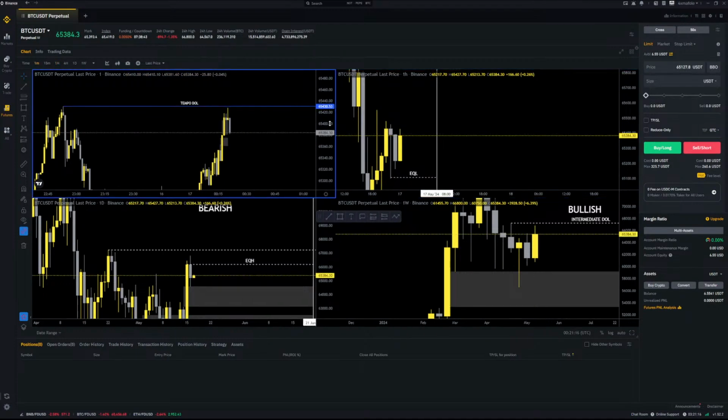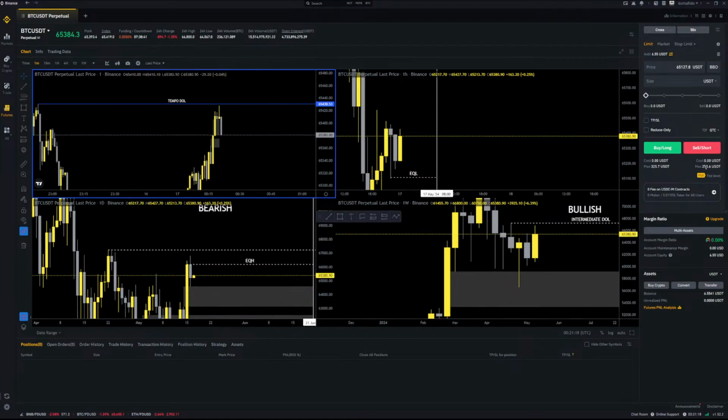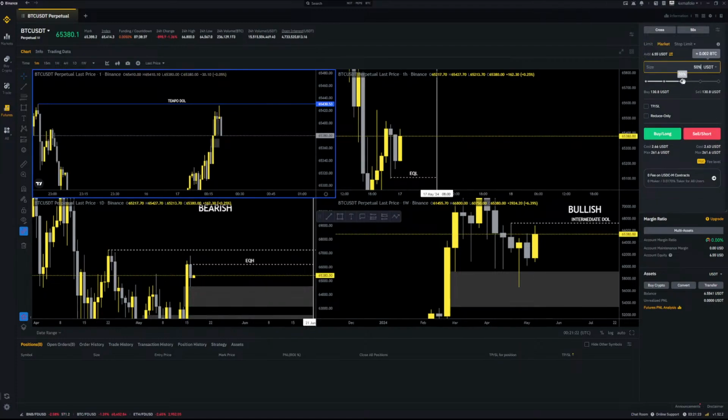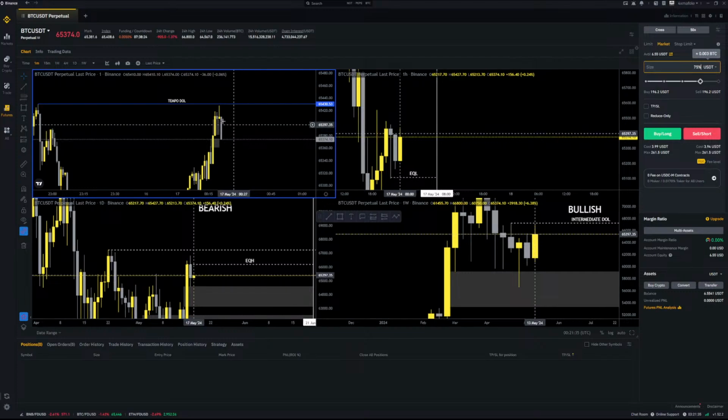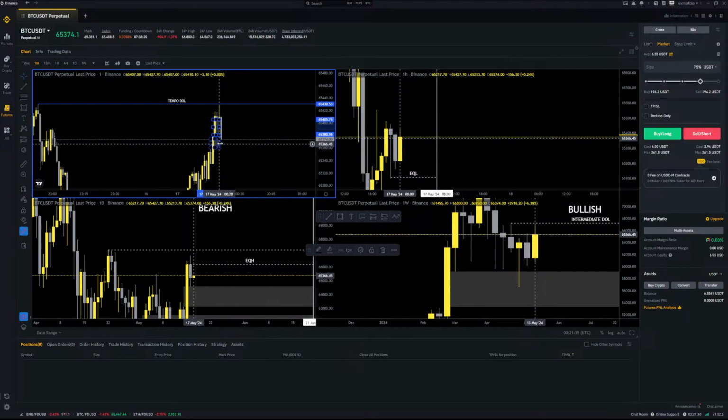If I get this market shift like there, I'll sell short. Yeah, that's kind of beautiful. I guess this is my entry though.